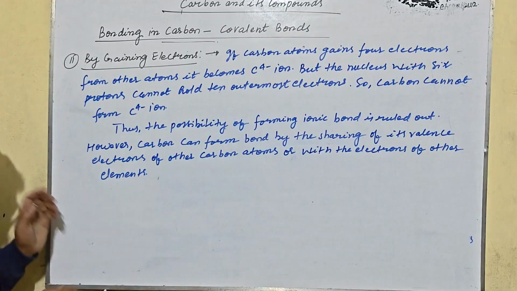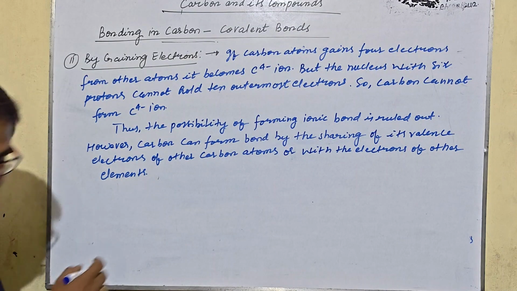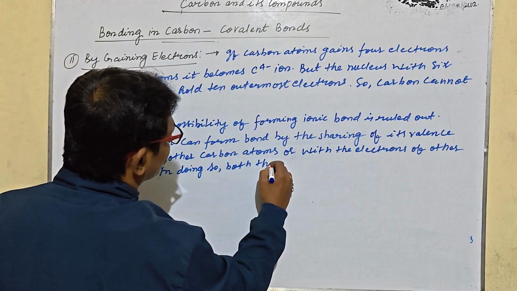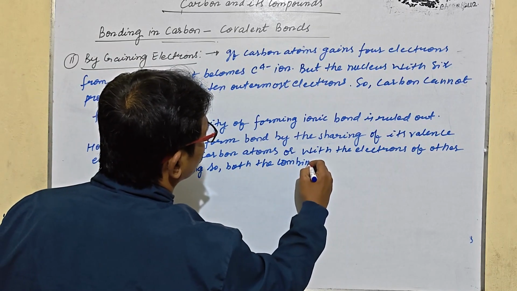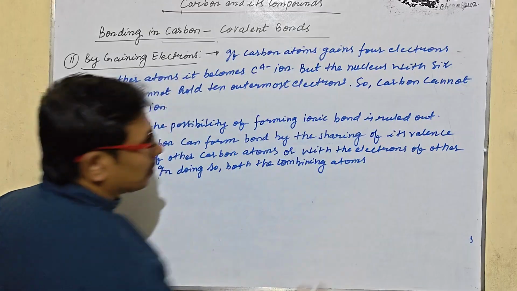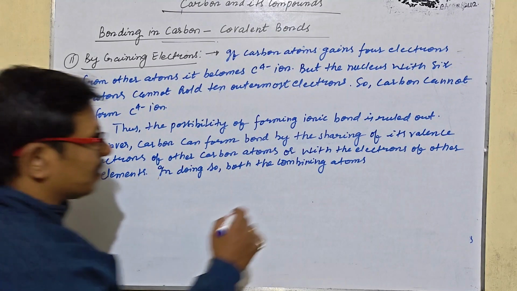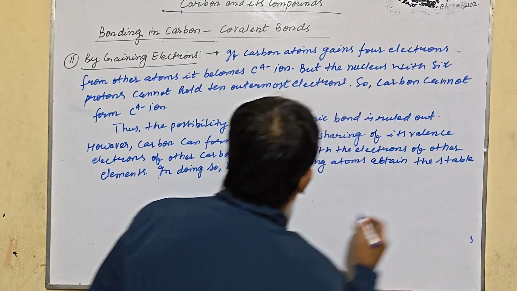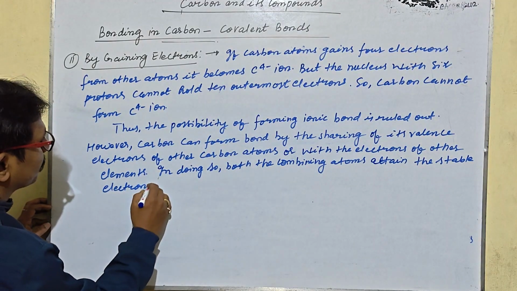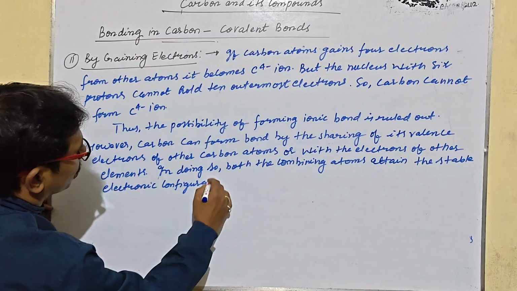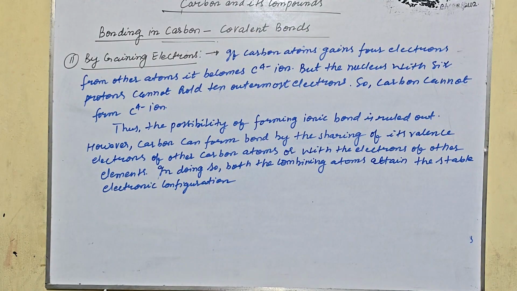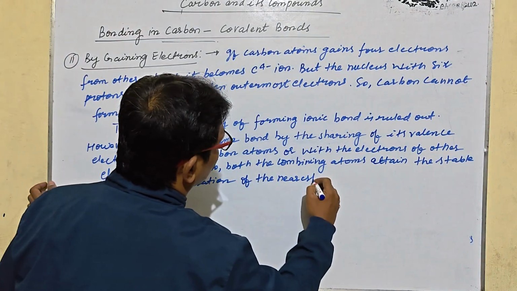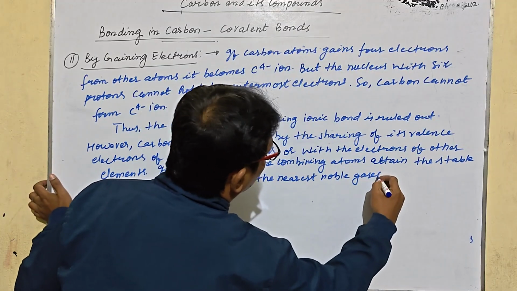So my dear student, it must be quite clear that in doing so, both the combining atoms attain the stable electronic configuration of the nearest noble gases.